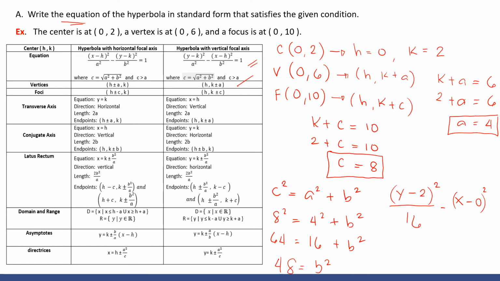Since this is minus 0, you can remove it. So it can simply be x squared over B squared, which is 48, then equals 1. And this equation is the correct answer.